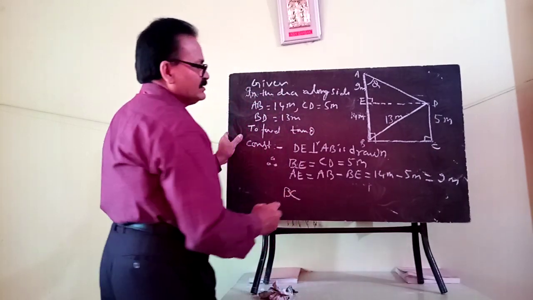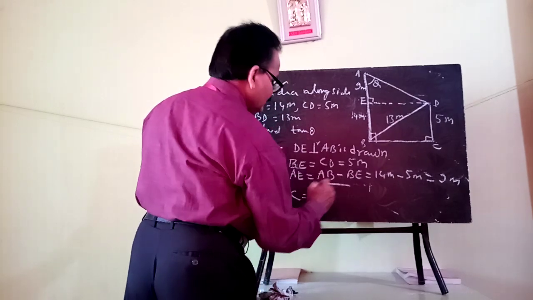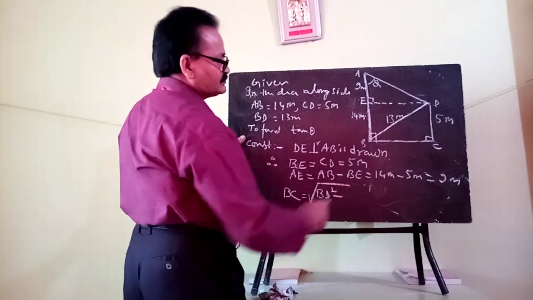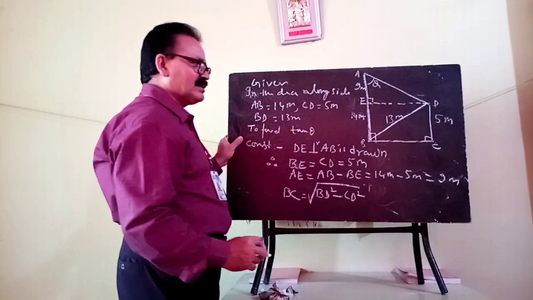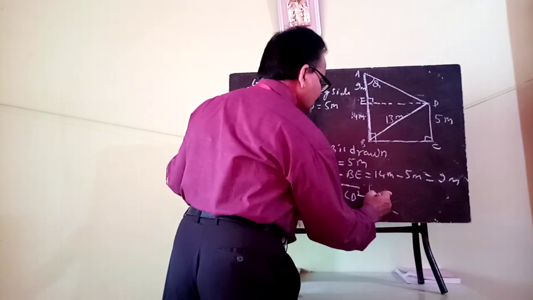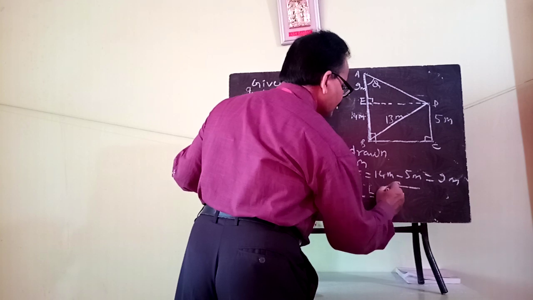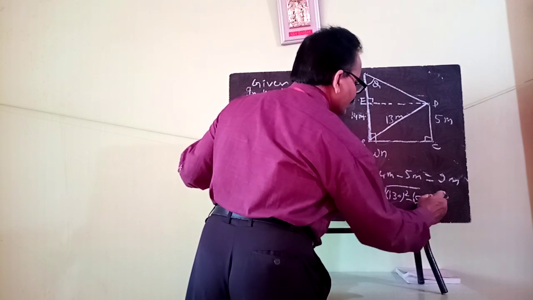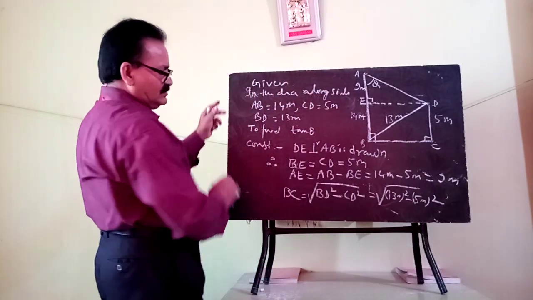For BC, it will be the square root of BD, which is the hypotenuse, squared minus CD squared, by applying Pythagoras theorem. So this is the square root of 13 meter squared minus 5 meter squared.